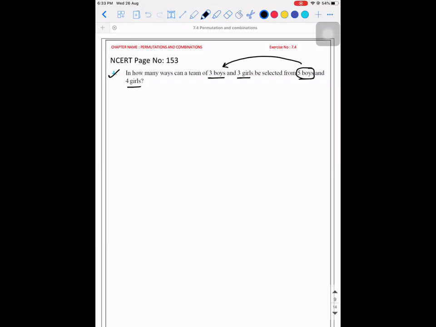Number of ways of selecting means combination. Now answer this: number of ways of selecting 3 boys from 5 boys. How can we do it?